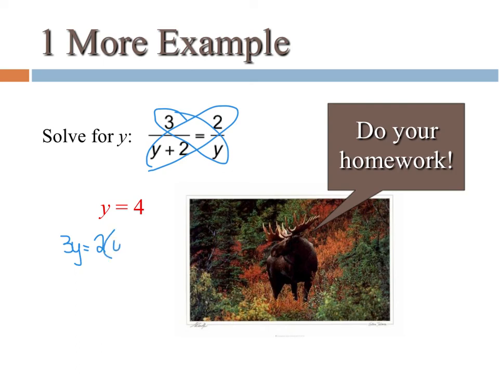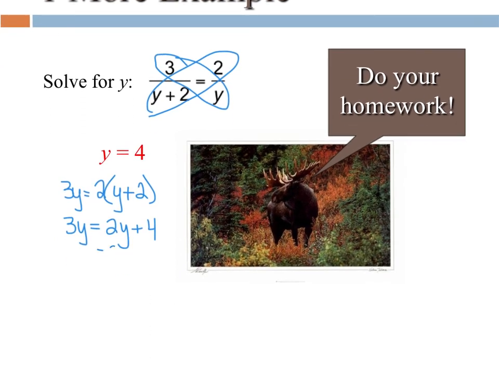It's 2 times that entire quantity, y plus 2. Be careful with that. I would say that's probably the biggest mistake that kids make is they rush through a problem like this and forget to distribute. All right, so let's go ahead and distribute this. 3y is going to equal 2y plus 4. We're going to subtract 2y from both sides, giving us y on the left side equals 4.